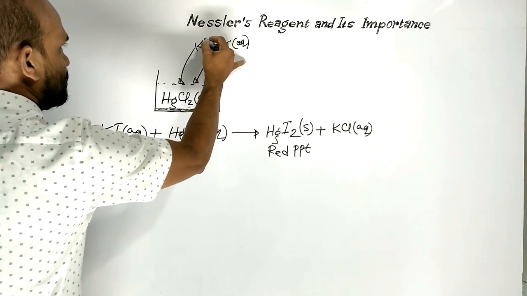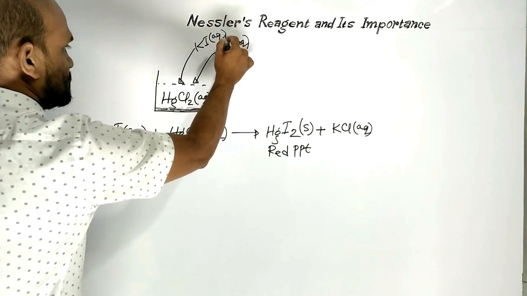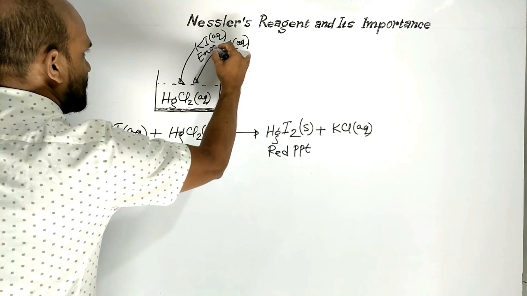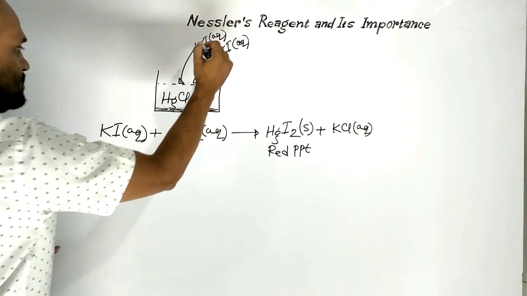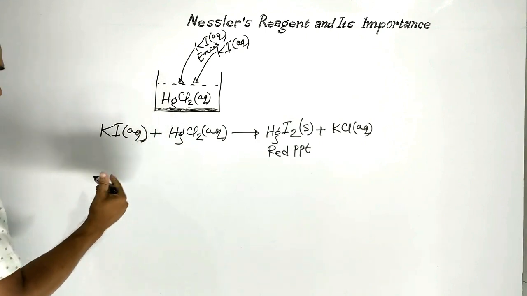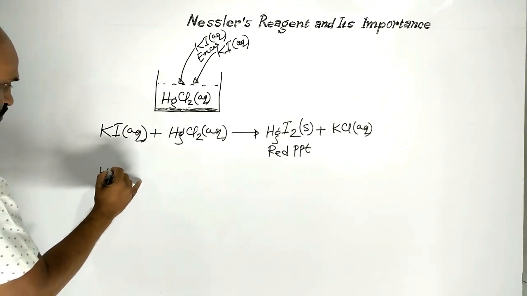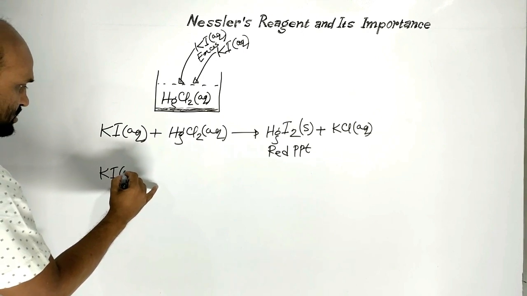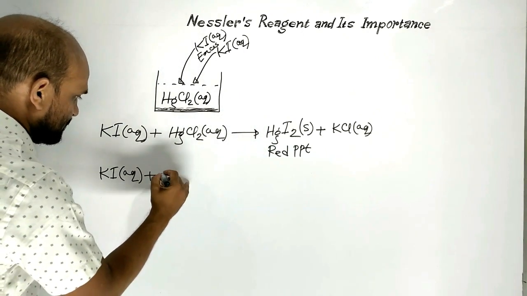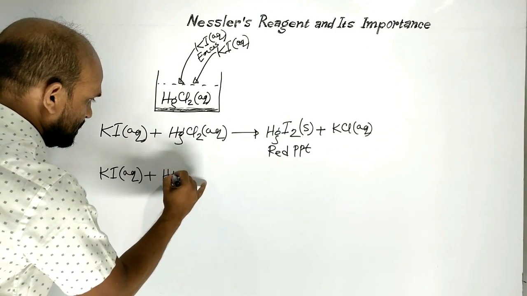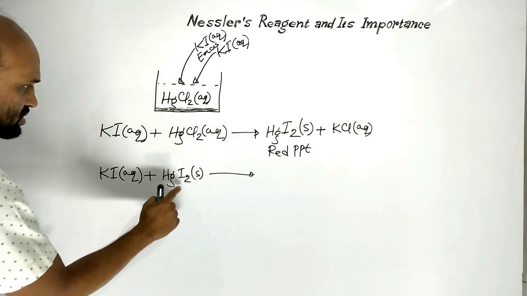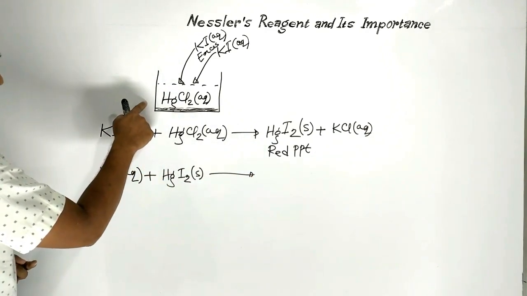When excess potassium iodide solution is added to this solution, then this precipitate disappears. In this way, potassium iodide reacts with this precipitate, mercury 2 iodide, which is insoluble in the solution.